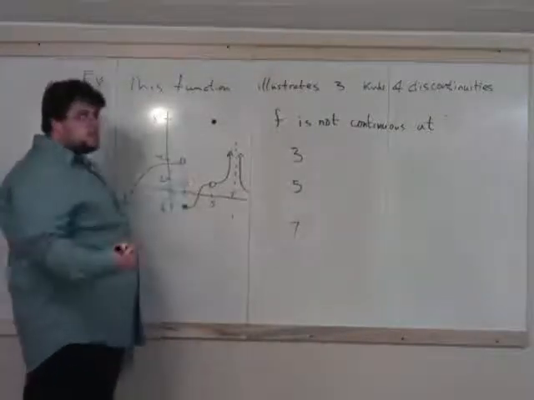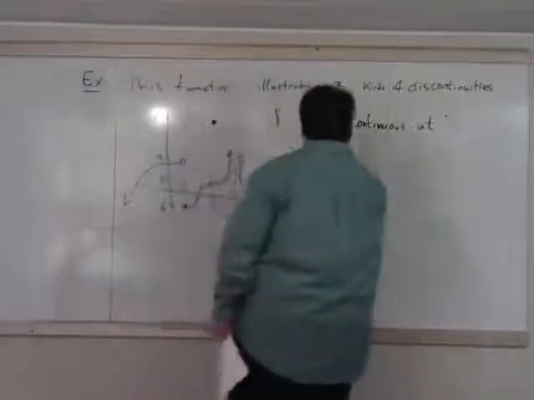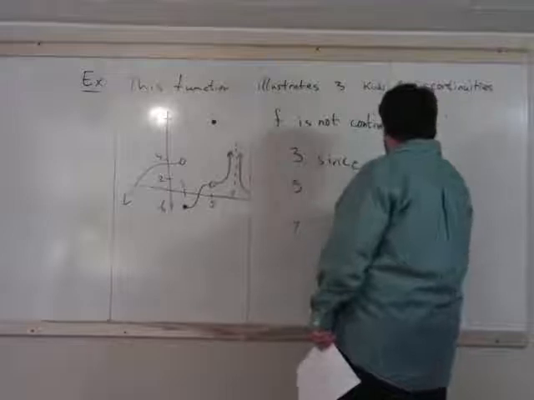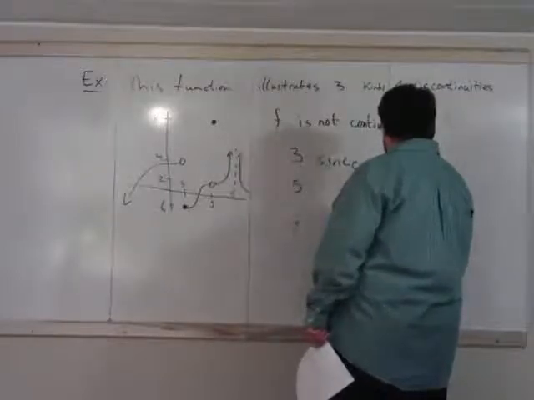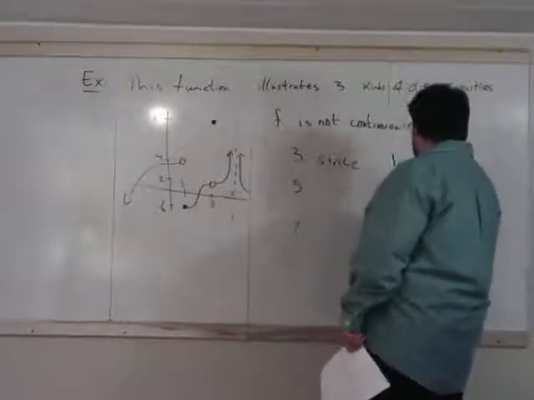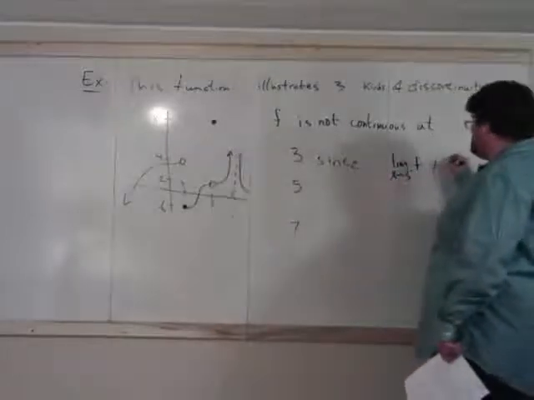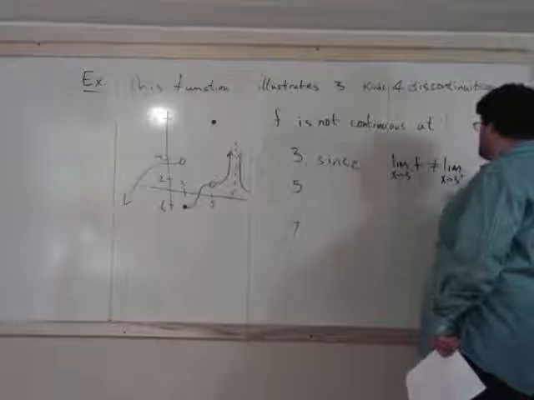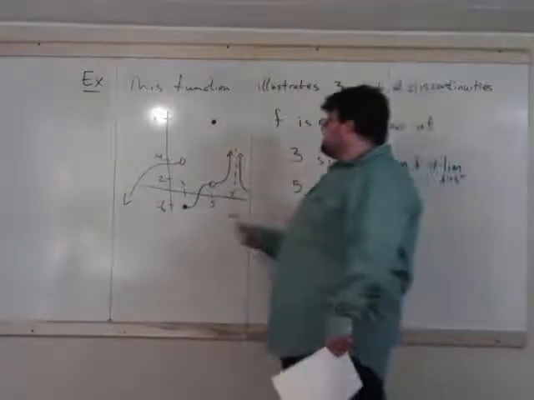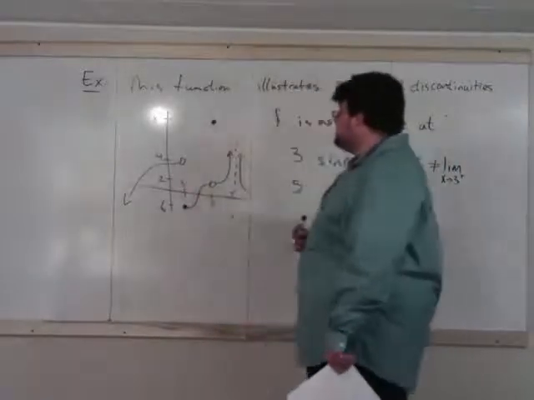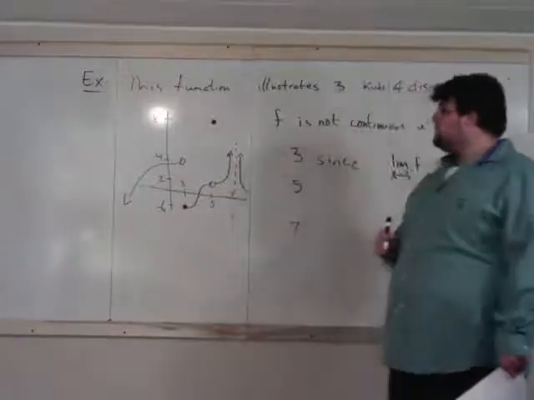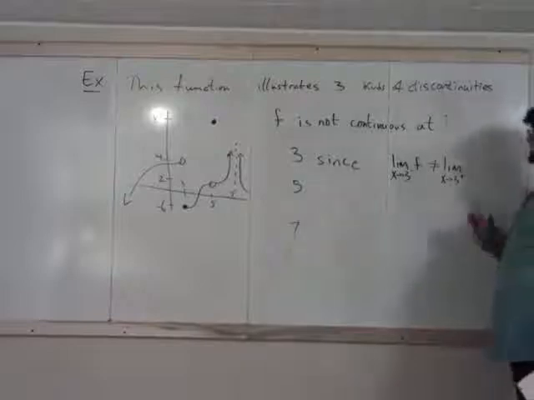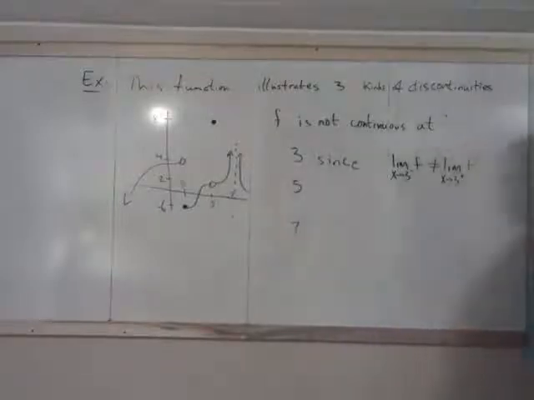The limit doesn't exist, since the limit as x approaches 3 from the left does not equal the limit as x approaches 3 from the right. The limit on the left is 4. The limit on the right is -6. 4 and -6 are not the same number.